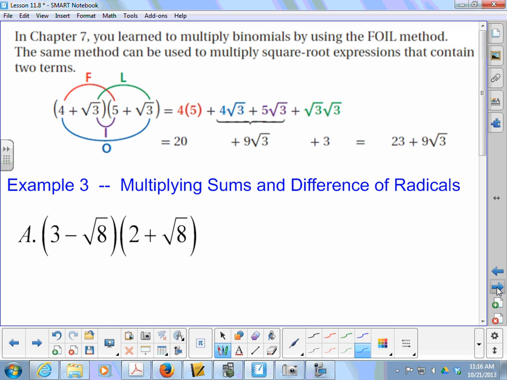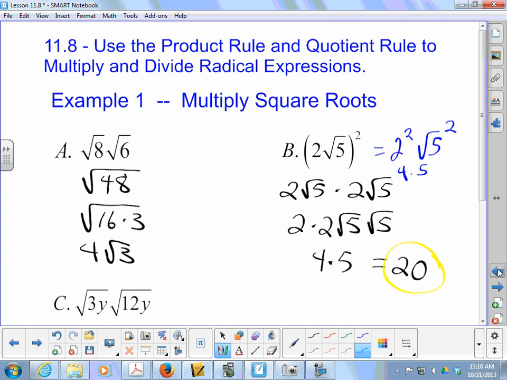Some of you will go back to letter B and write it out like 2 squared is 5, 2 squared is 5, and then FOIL it. It happens. Almost every class I have does this.